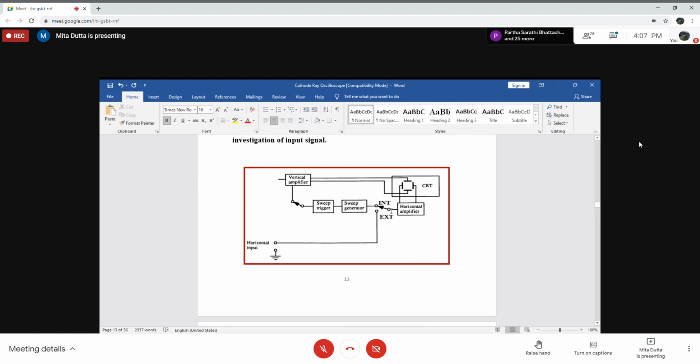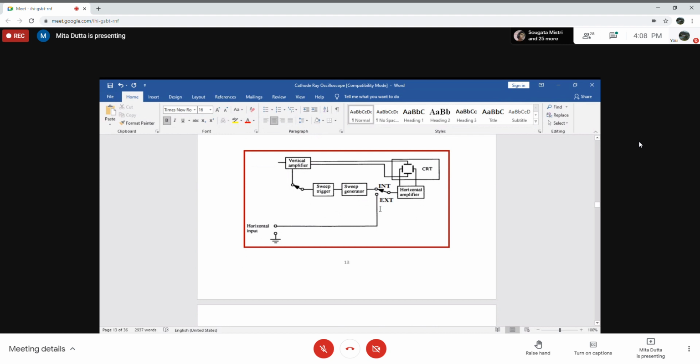But when we are going to use external, then this switch will be connected to the horizontal input terminal of the oscilloscope. So this knob, the horizontal amplifier, is connected to the EXT position, and it will amplify whatever input voltage is applied here.